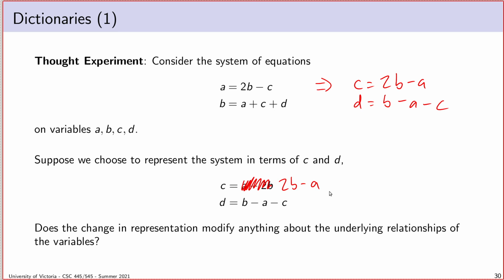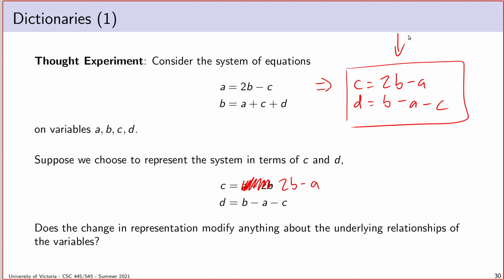So the point I was going to make, which I can make either way, is that by rearranging terms, I changed nothing. Nothing about the underlying relationships of variables. This representation does not change anything about the relationship between a, b, c, and d at all. All I've done is found a different way of representing it, period.